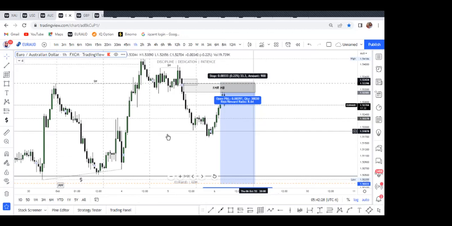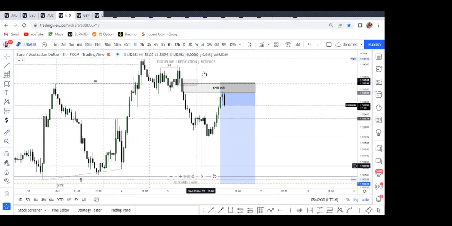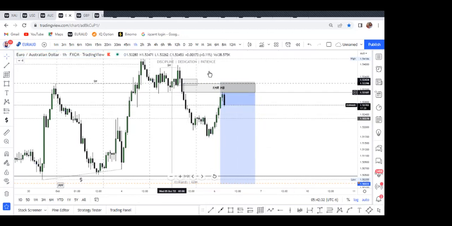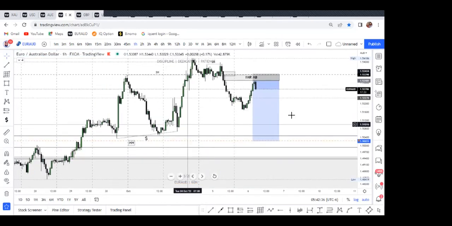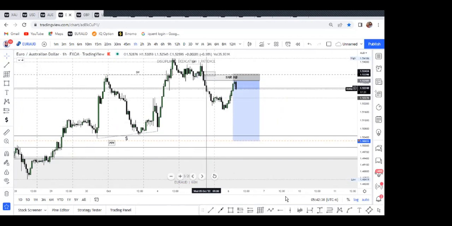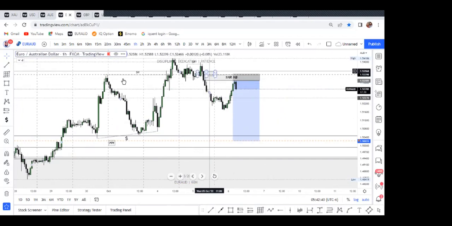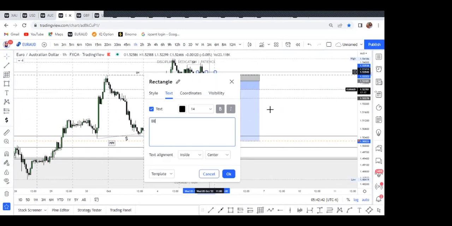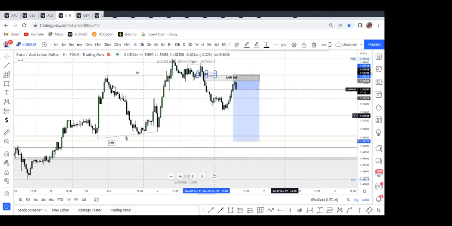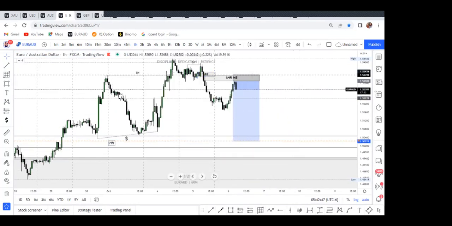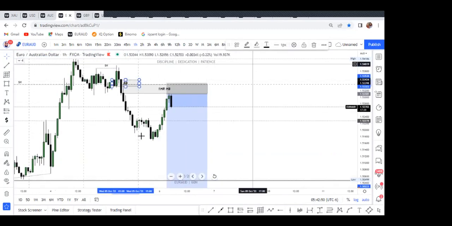Now, the respected previous day zone. You see how it respected the previous day zone? This is a breaker. For most of you, I don't know how you mark breaker. Breaker is the last up candle. Look at it. Before you have this impulsive up move that later was broken by price.